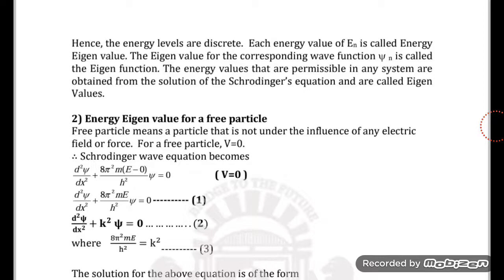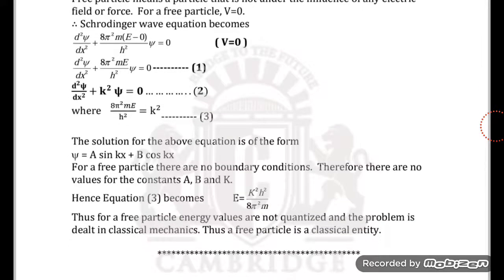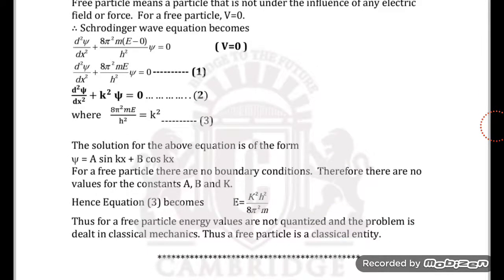We have already put a constant k square equal to 8 pi square m E upon h square. By putting the value of this constant, d squared psi upon dx square plus k squared psi equal to 0.